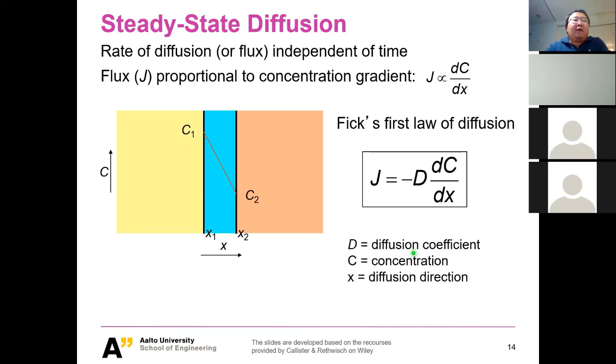The first thing is called steady state diffusion. So what does that mean? The steady state, I think you can guess it. It means your rate of diffusion, basically the flux, is independent of time. So this is ideal because you will have your diffusion constantly. You have your concentration on the left side and concentration on the right side, and they stay constant.